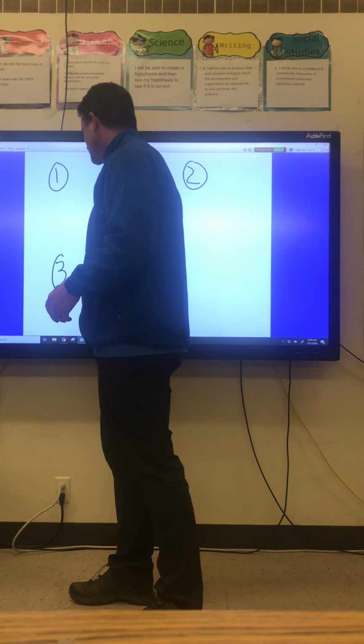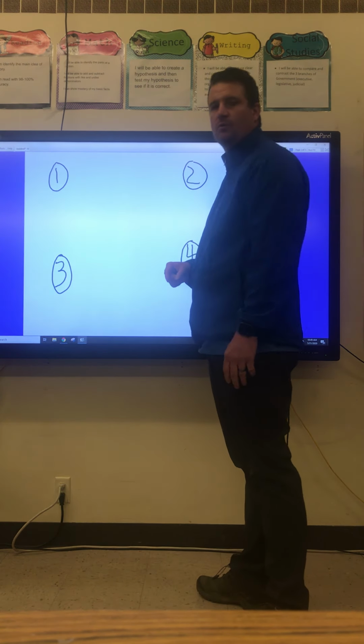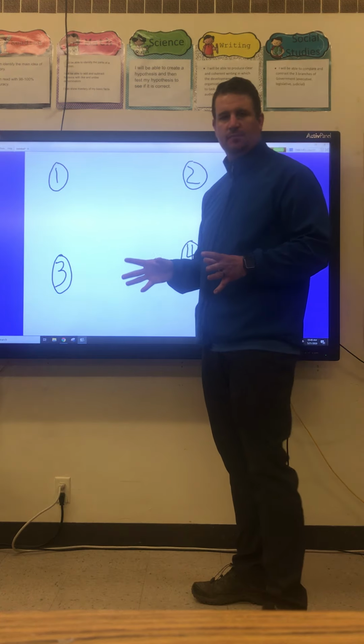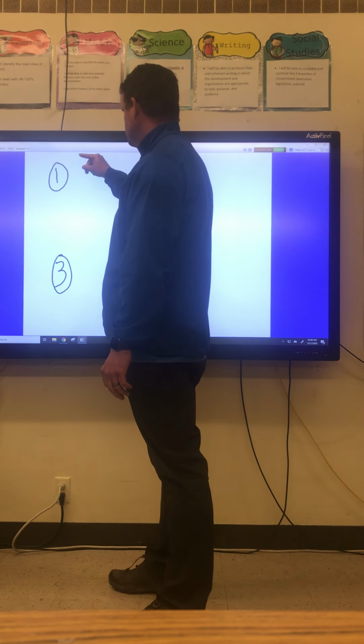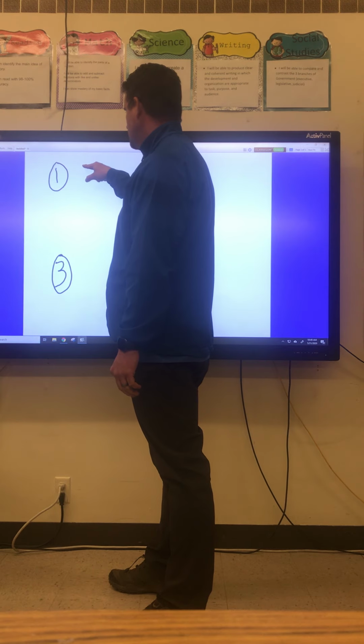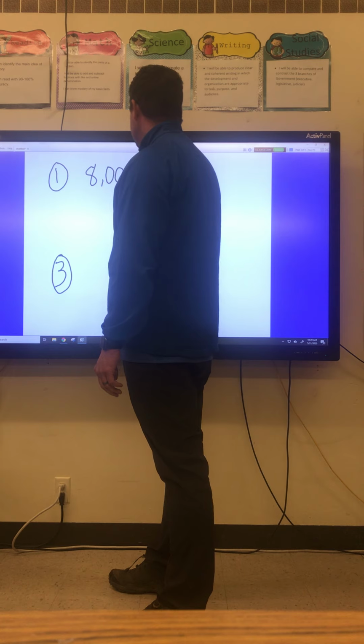Okay, you can also use it to compare when something's measured in pounds or tons. You can compare them then. So let's say I have 8,000 pounds, and I want to know how many tons.